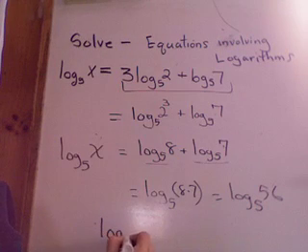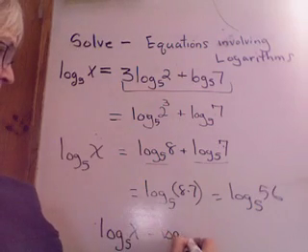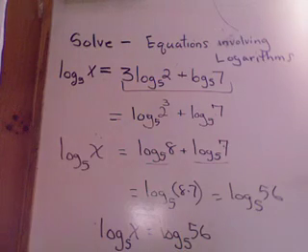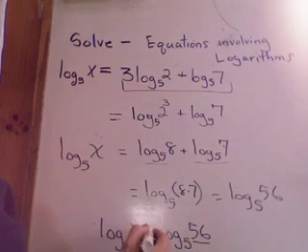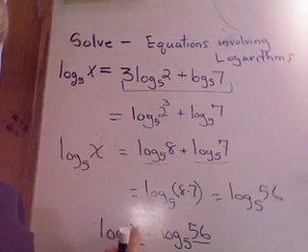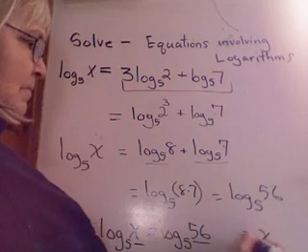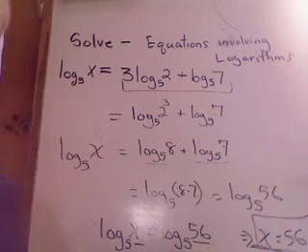So I have log base 5 of x equals log base 5 of 56. You notice anything? Hey, if this equation is indeed true, 56 and x must be the same thing. So, x equals 56. That wasn't so bad.